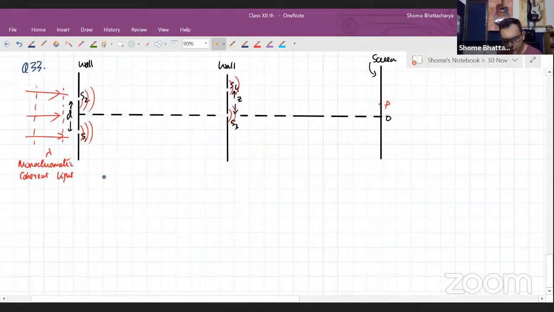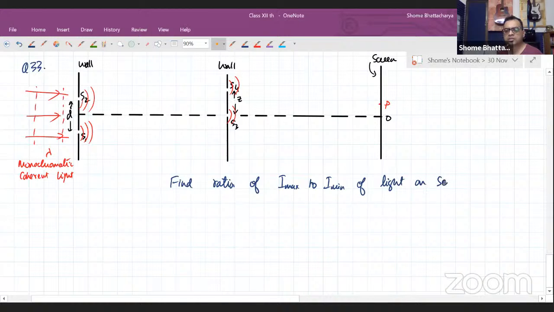So what we have to do here is find the ratio of maximum to minimum intensity on the screen. So we have to find the ratio of maximum intensity to minimum intensity of light on the screen. Given, let's do one of the parts of the question.